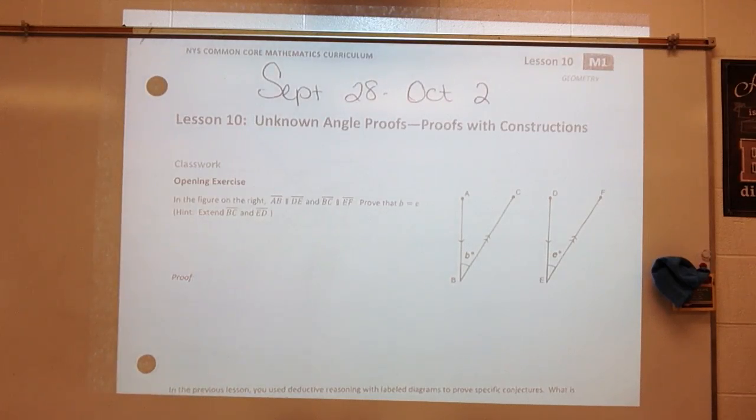It says, in the figure to the right, segment AB is parallel to segment DE, and segment BC is parallel to segment EF. Prove that angle B is equal to angle E, and it says there's a hint. Extend segment BC and segment ED.